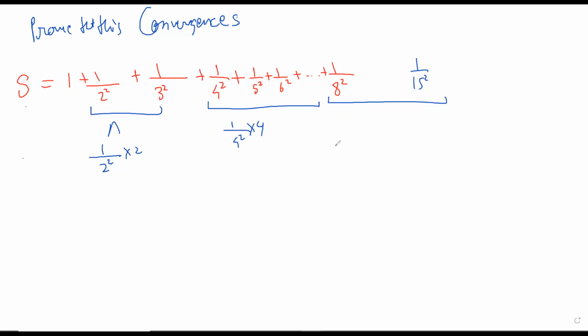In the end also you saw we had powers of 2's. Here I'm just creating the powers of 2's directly. So it's 1 by 8 square into 8, and so on. Now you can see the GP because this is half. It's all less, because I'm taking the biggest term of the group. So usually 1 by 4, 1 by 8. This is a faster solution, but it's the same thing.